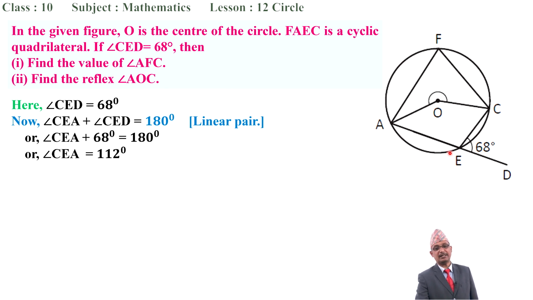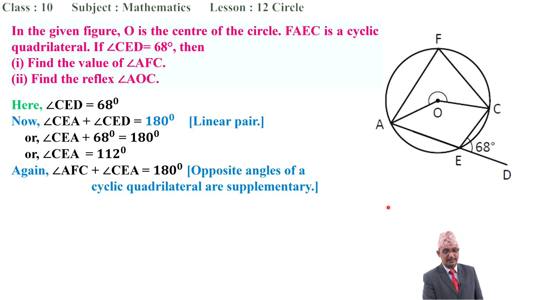And we have learnt in the theorem that opposite angles of a cyclic quadrilateral are supplementary. That means when we add opposite angles of a cyclic quadrilateral, the sum will be how many degrees? 180 degrees. That's why we can write angle AFC plus angle CEA equals 180 degrees. Reason: opposite angles of a cyclic quadrilateral are supplementary.